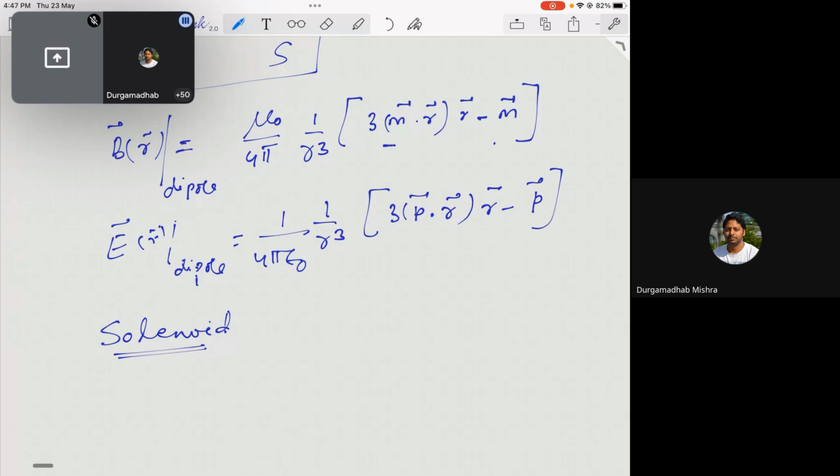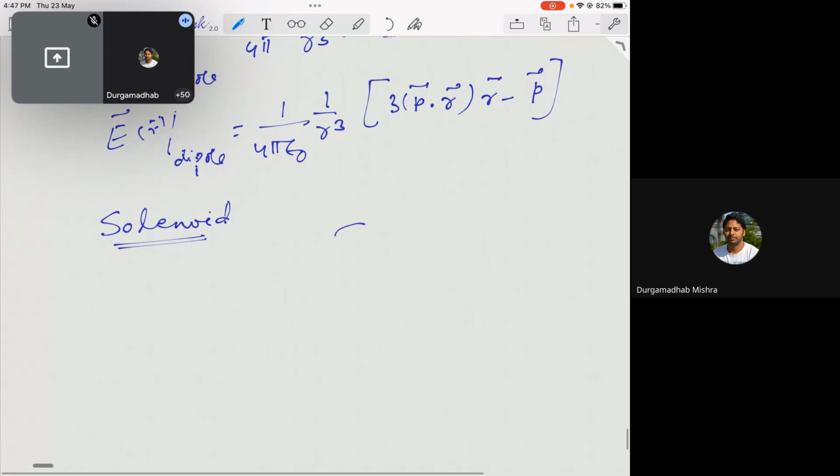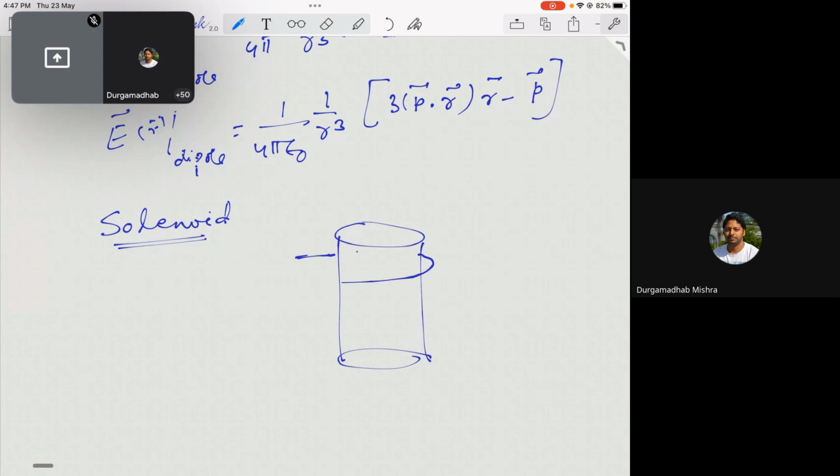You should be able to calculate the magnetic field produced due to a solenoid. So what is a solenoid? It is nothing but, you take these coils, current carrying wires.